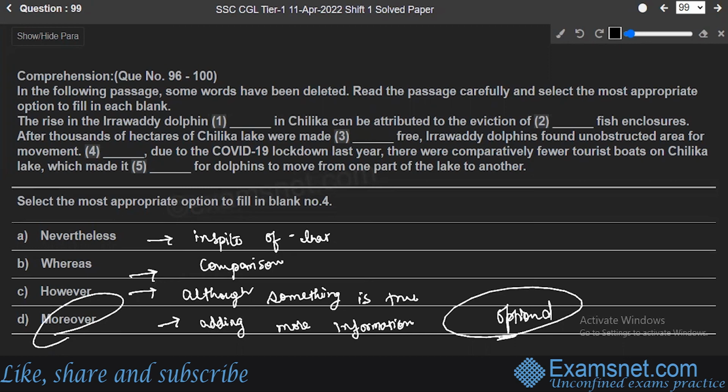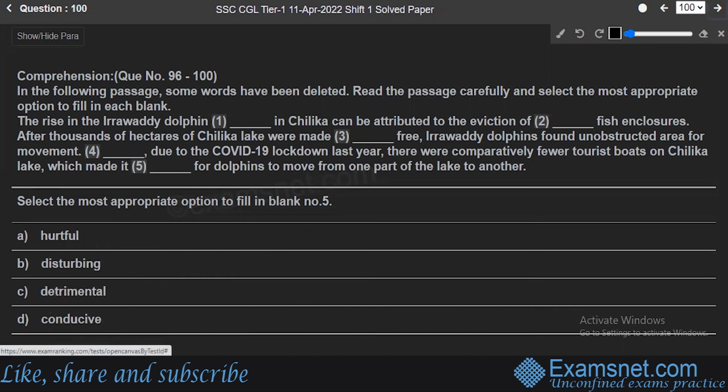So let's move to the last question for this paper. You have to fill in the blank number 5 and select the most appropriate word. Let's read it. Which made it dash for dolphins to move from one place of the lake to another? Options are hurtful, disturbing, detrimental, or conducive. Let's see the meaning of the words one by one so that we can be clear.